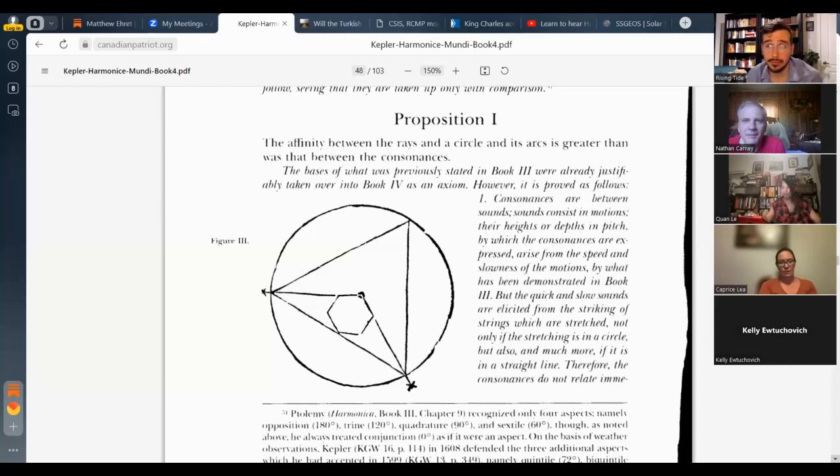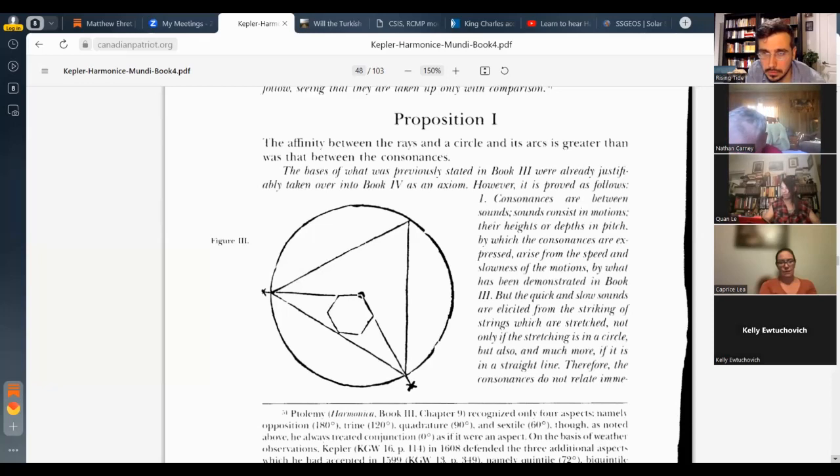Okay. So proposition 1: the affinity between the rays and a circle and its arcs is greater than that between the consonances. The basis of what was previously stated in Book 3 was already justifiably taken over into Book 4 as an axiom. However, it is proved as follows. 1. Consonances are between sounds.